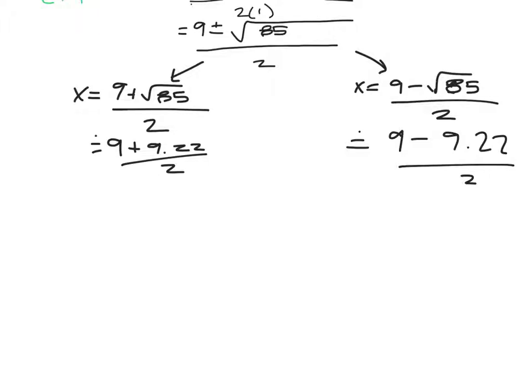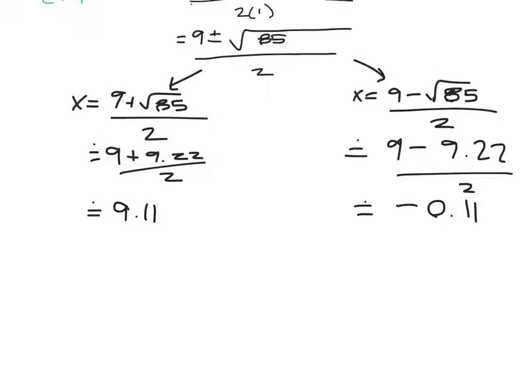So we now have 9 plus 9.22, which is 18.22, divided by 2 to get us 9.11. Remember, approximately, because we've rounded now. 9 minus 9.22 gets us negative 0.22 divided by 2 to get us negative 0.11. So we now have our boundary points.